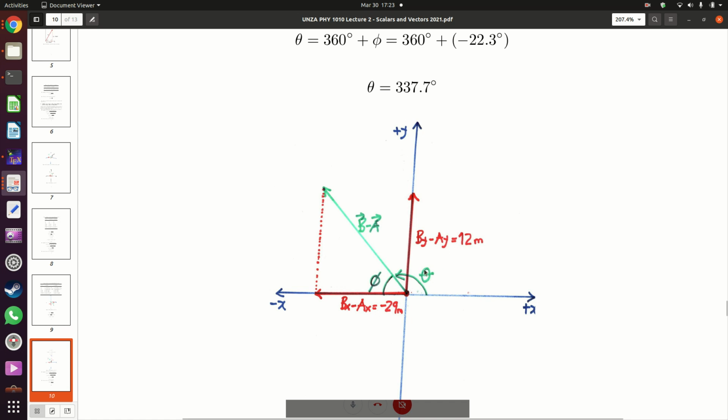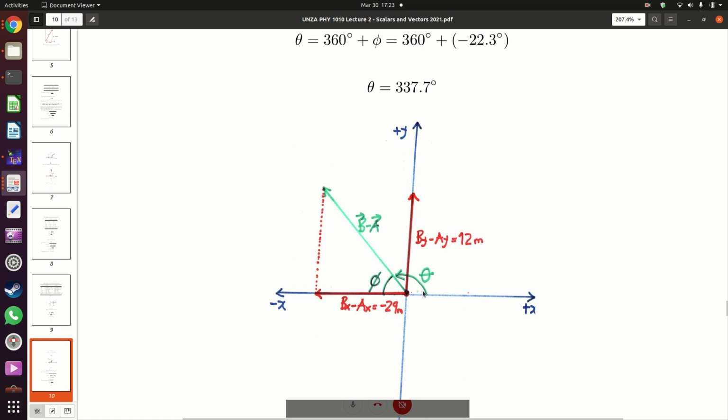This angle theta, you see this angle theta? The x-axis, from the positive x-axis to the negative x-axis, you see this line? Yes, sir. This is 180 degrees. Are we clear? Yes, sir.